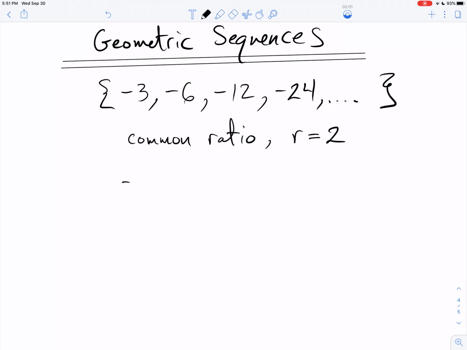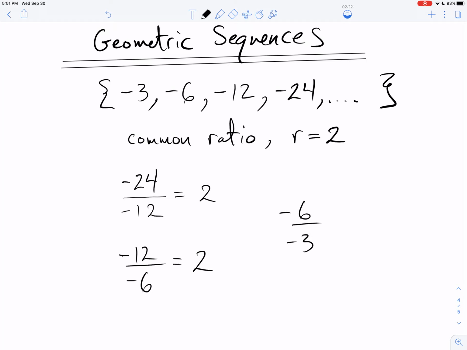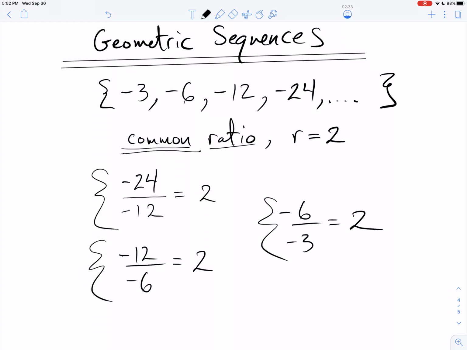If I take any number in the list, say negative 24, and I divide by the number that came right before it, and I keep getting the same number no matter what number I grab, that is why it's a number in common. Since we find it by doing division, we call it a ratio, so it's a common ratio. Abbreviated, we call it R.